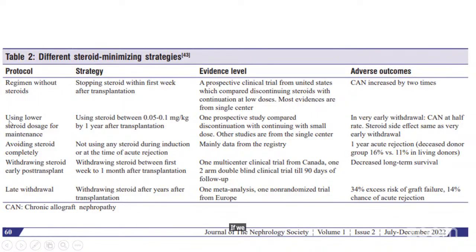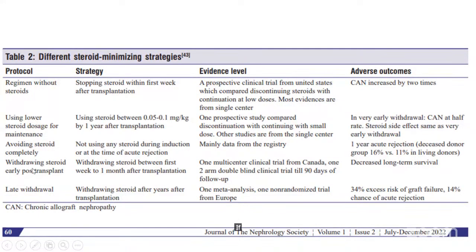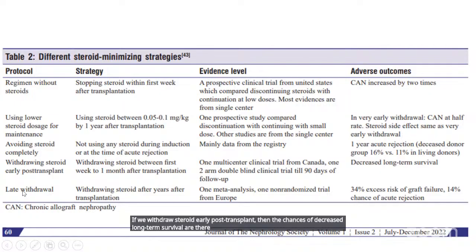If we use low dose steroid maintenance, which is what we do conventionally, the rate of CAN is decreased by half. However, the steroid side effects are seen very well. If we withdraw steroid early post transplant, then there is a chance of decreased long term survival. With late withdrawal, there is a 34% excess risk of graft failure and a 14% chance of acute rejection.